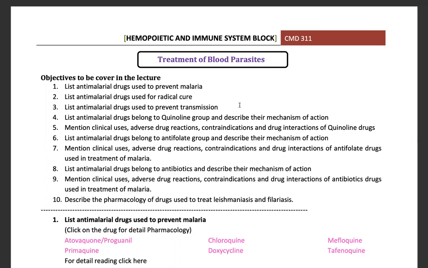Treatment of blood parasites. The blood parasites are types of protozoans and are responsible for many clinical conditions in humans.